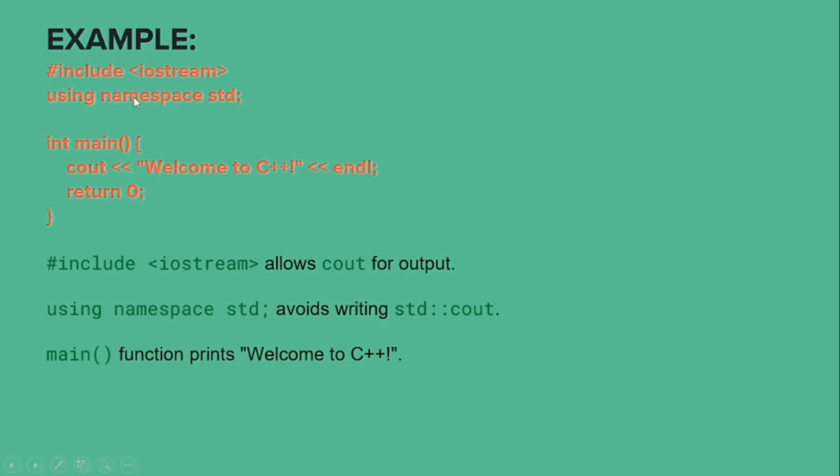Without this header file, we cannot perform that function. This helps with the reusability of code. We don't need to define cout ourselves and then perform the output function. That's why it's a pre-built library. We just have to add it to our code, and then we are able to perform the output and input operations.